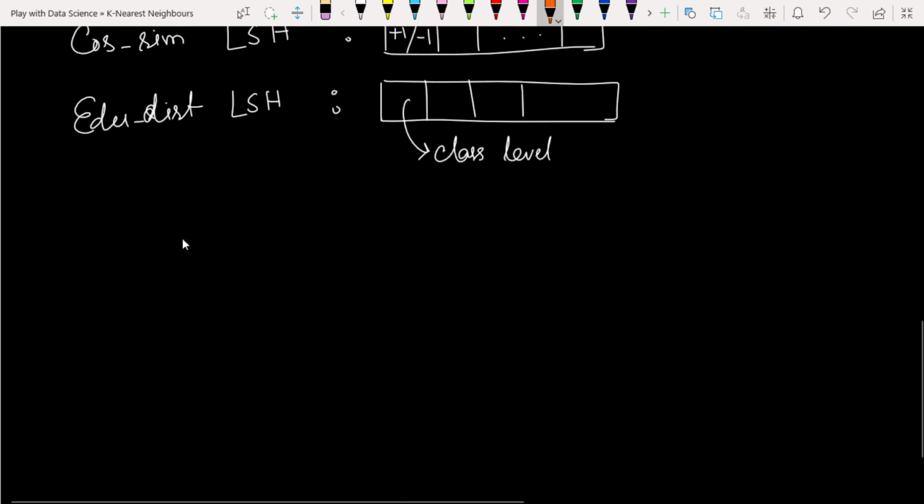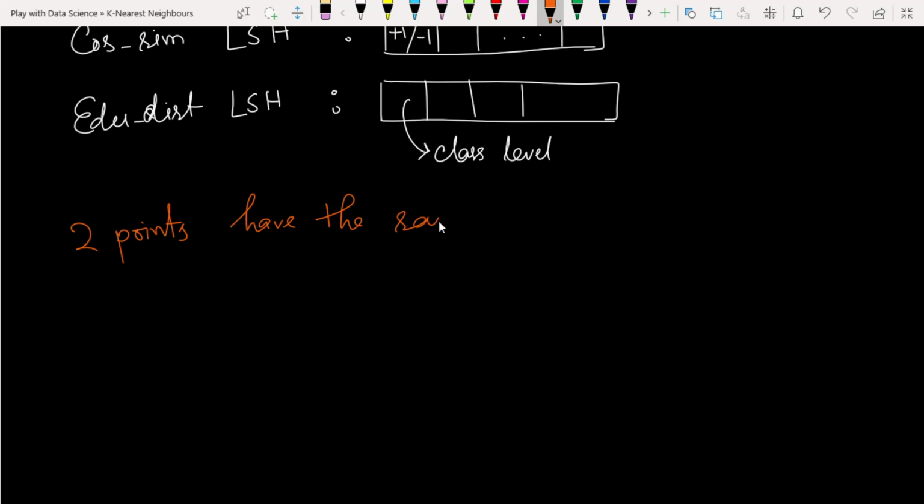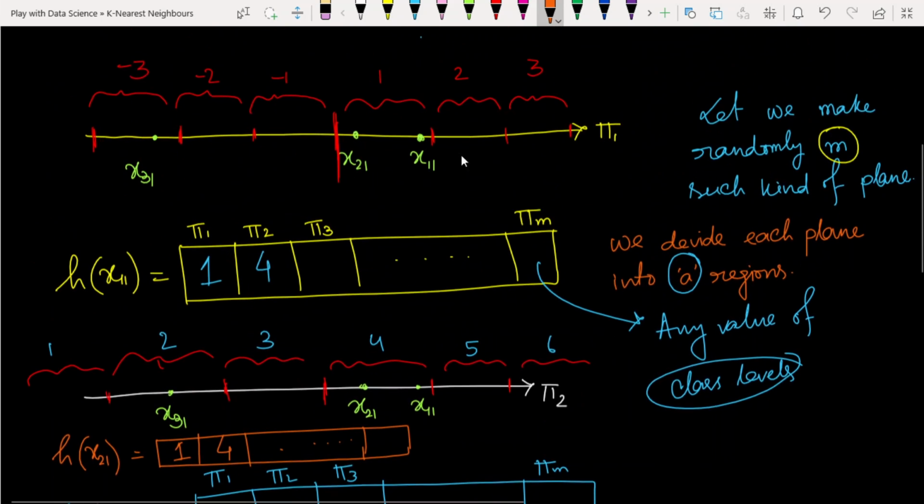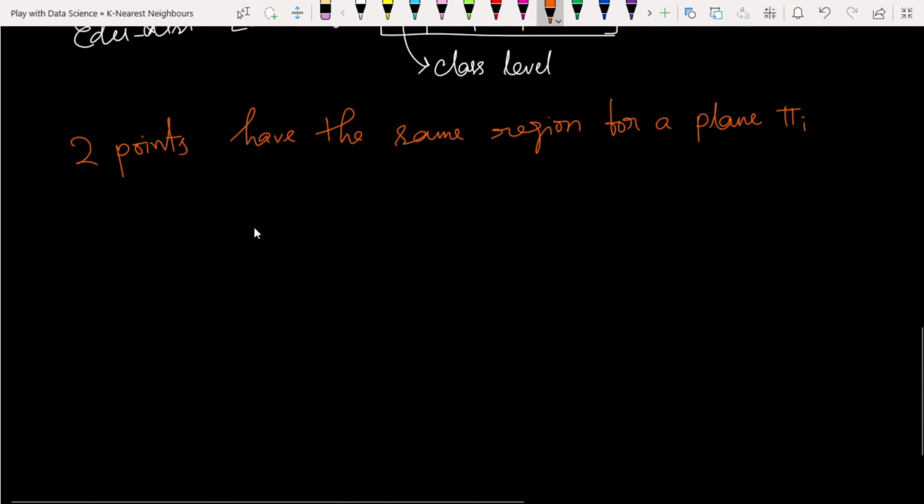So the conclusion is that 2 points that have the same region for a plane pi I, then their distance, I mean the Euclidean distance, will be closer.